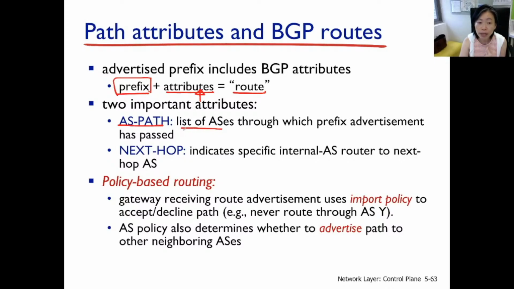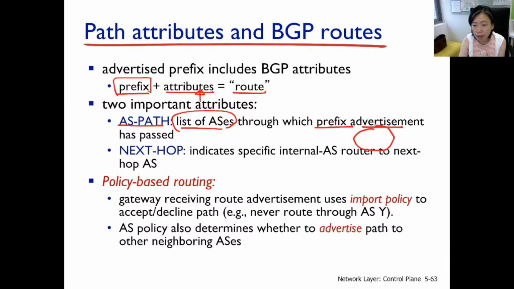The discovery of the AS path, however, came the other way, from the destination network. The destination network is going to advertise its prefix in an advertisement message.